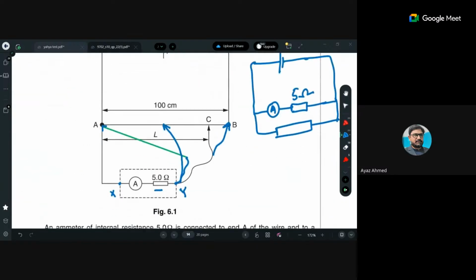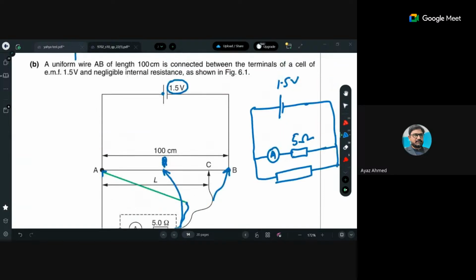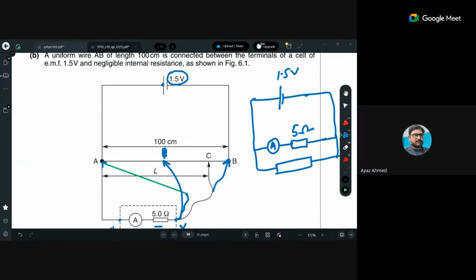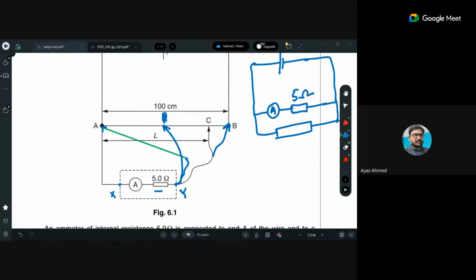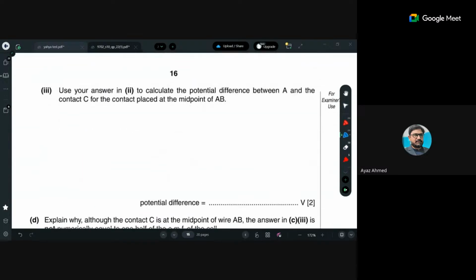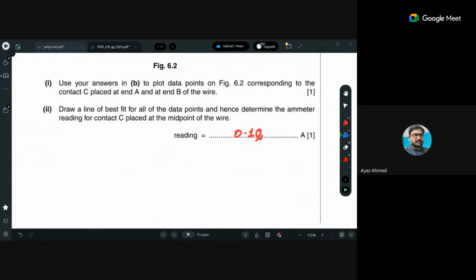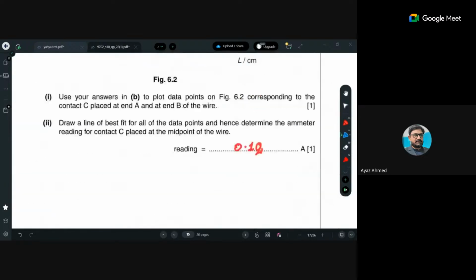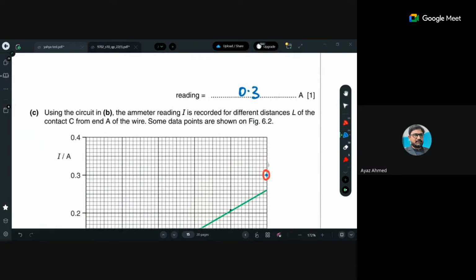So at the midpoint of AB, let's say this is that point. For that one, we have to find out the potential difference across what?